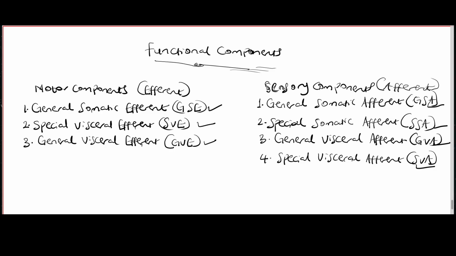Now it's very important for us to note that a cranial nerve can be purely sensory, a cranial nerve can be purely motor, and a cranial nerve can also be mixed.